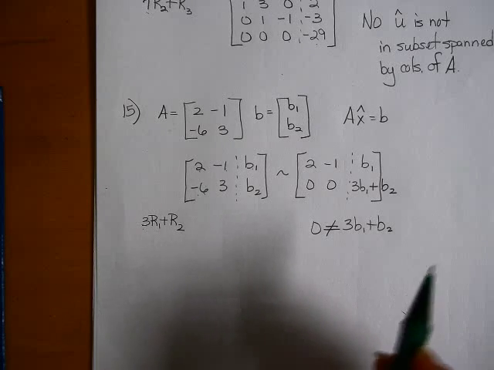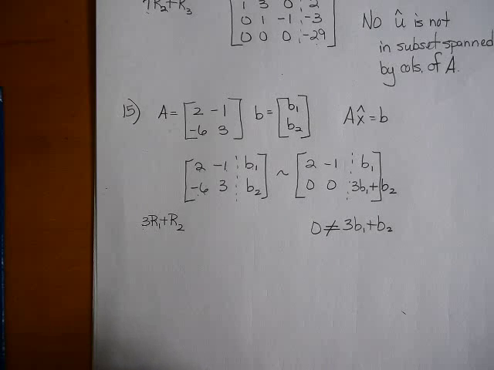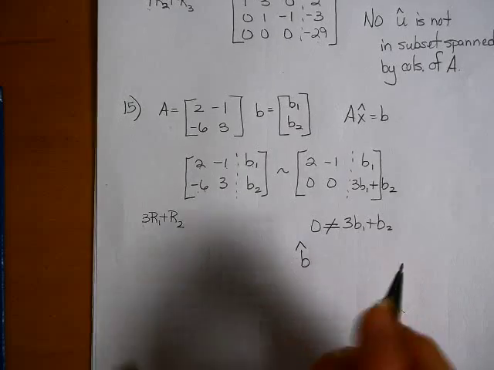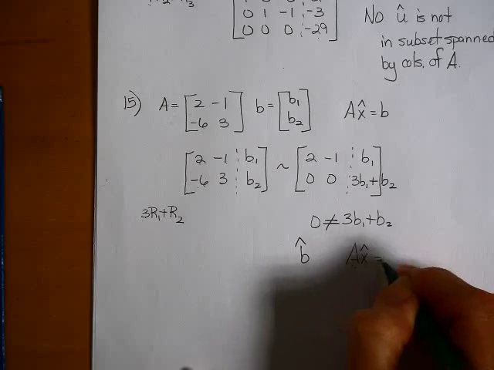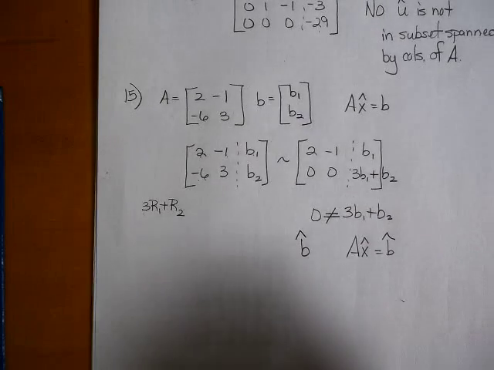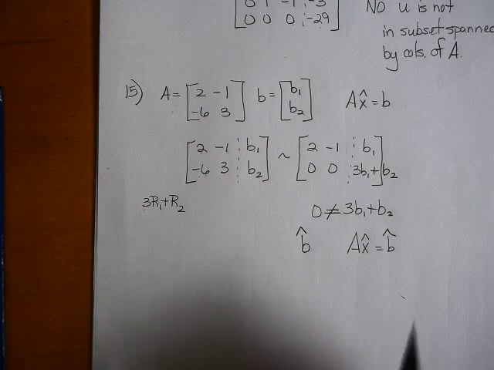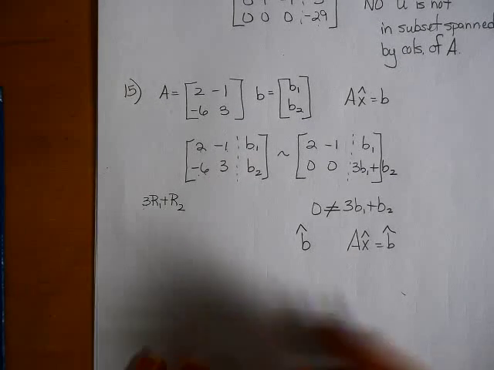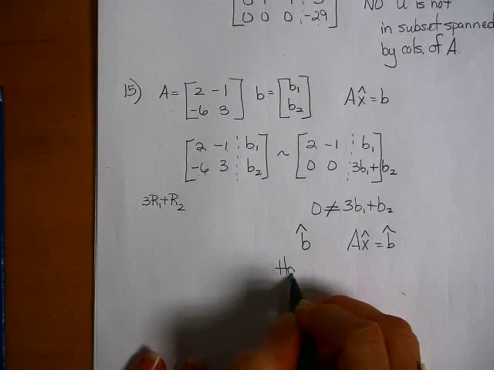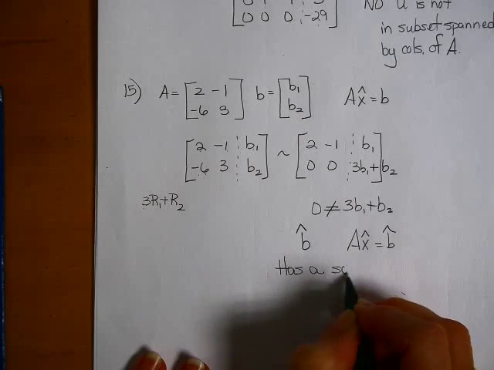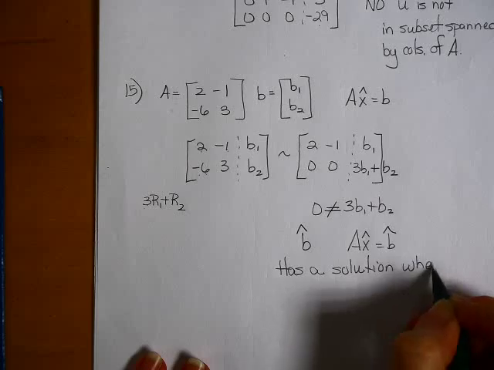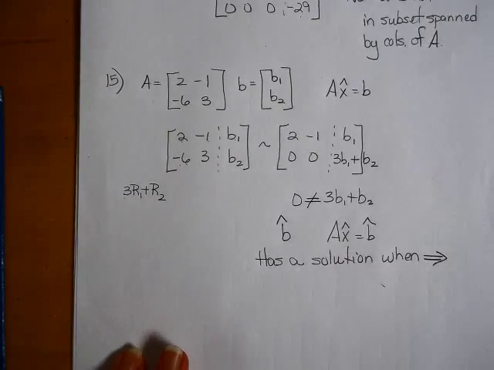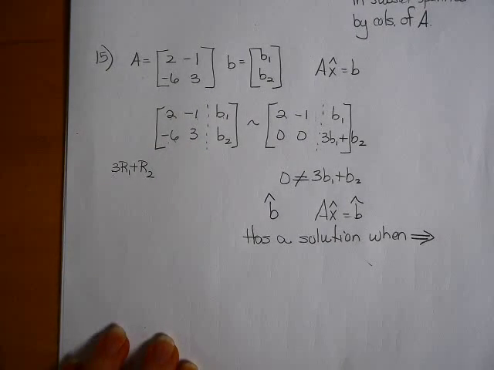All right, part B, the second question, was: describe the set of all b's for which AX equals B does have a solution. When will it have a solution? Has a solution when what?